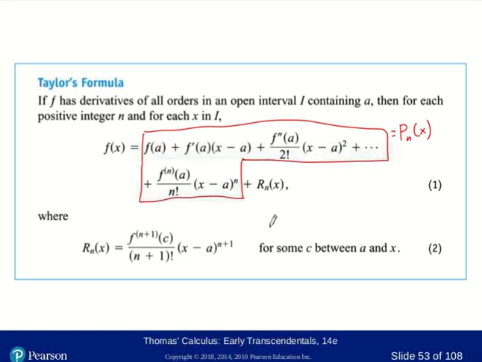And then there's some remainder term, some leftover portion. And what Taylor's formula tells us is that there's some c value that makes that remainder formula be the difference between the actual function and the nth Taylor polynomial. And that c value has to be somewhere between the center of your interval and whatever x value you're picking in the overall interval that you're looking at.